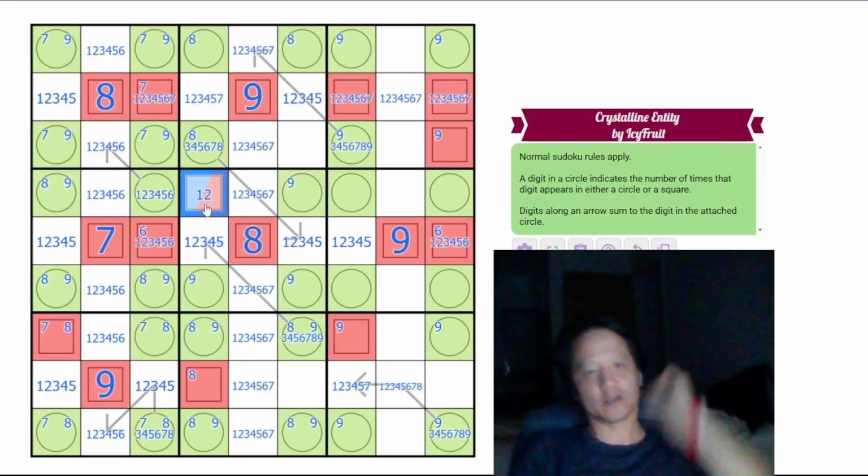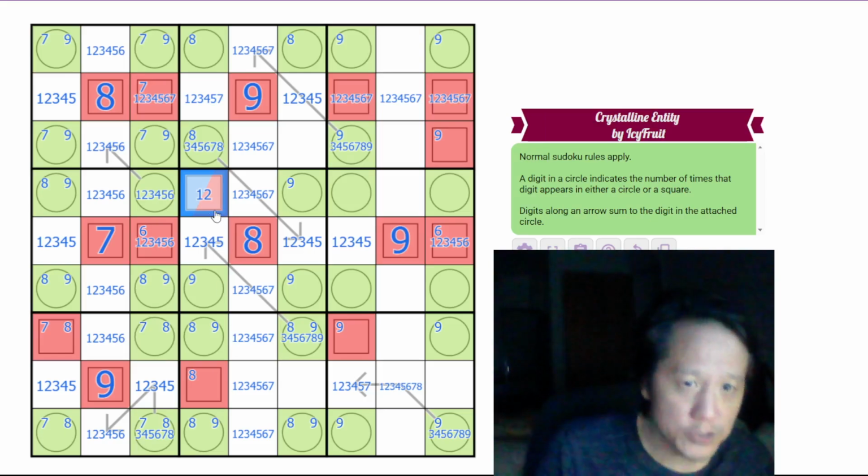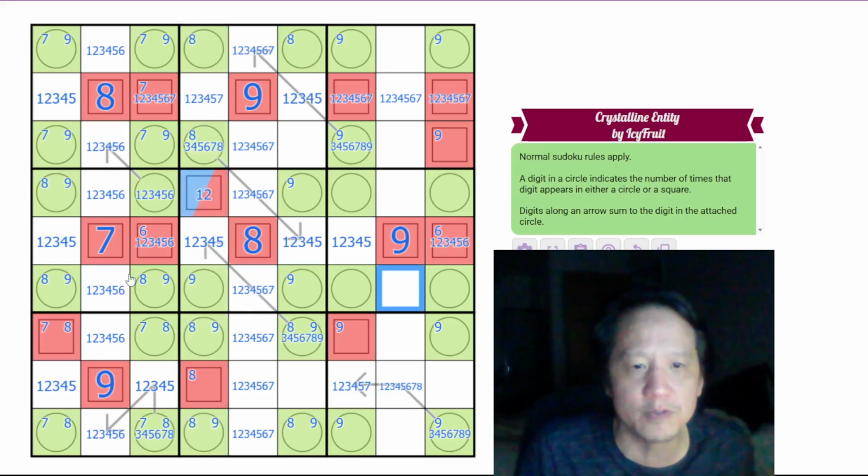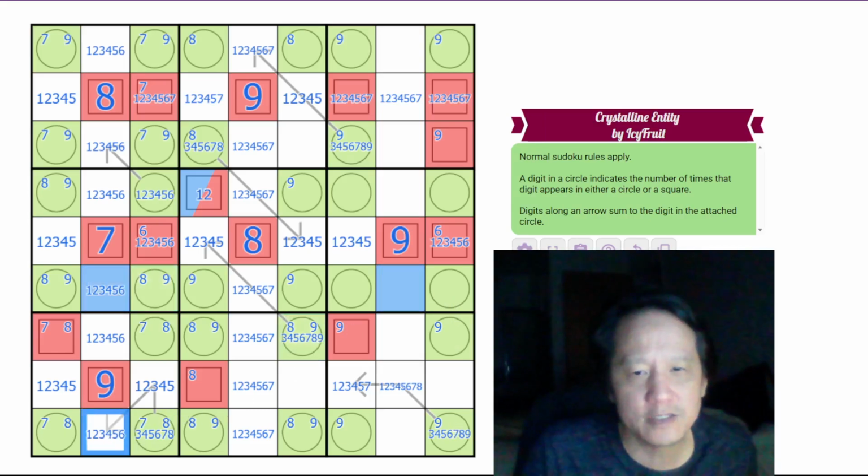So I guess I'll mark that as blue. So none of these can be blue here. This can't be blue. Blue has to be one of these 2 here. So blue is one of these 2. Blue has to be one of these 3. And then blue has to be one of these 3.